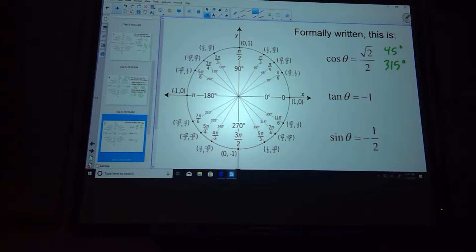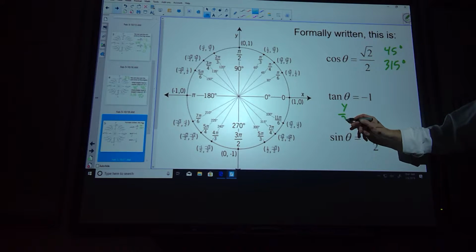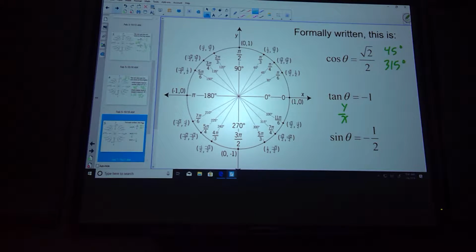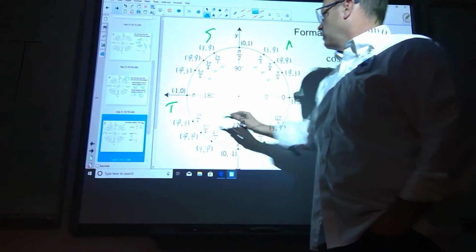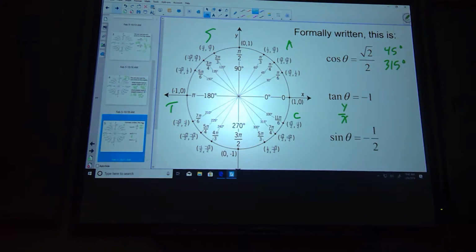Where is tangent -1? Tangent is y over x, agree? Which means I have to have the same fraction over itself and make it negative. So where is tangent negative? All students take calculus. Quadrants 2 and 4.